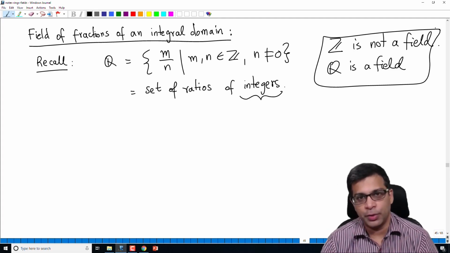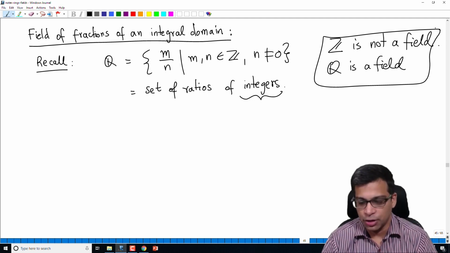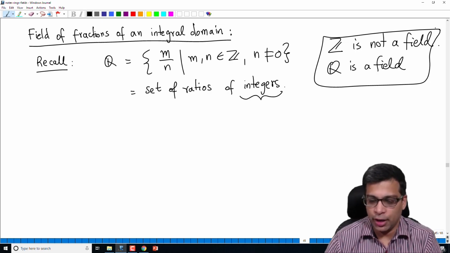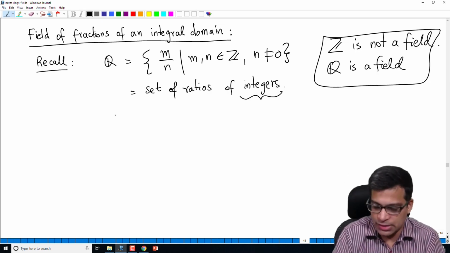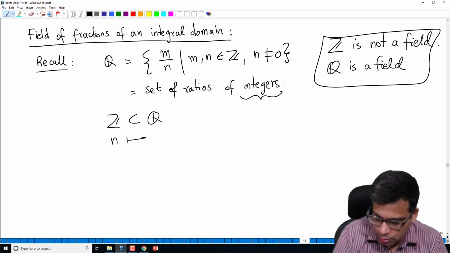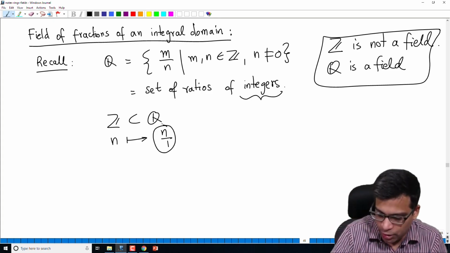So similarly you add 2 by 3, you add 100 by 141 for example. So you can add all ratios, and Z is of course sitting inside Q, as N is essentially thought of as N by 1.